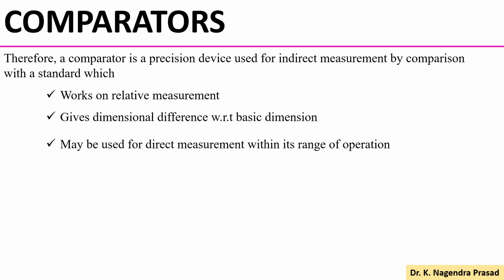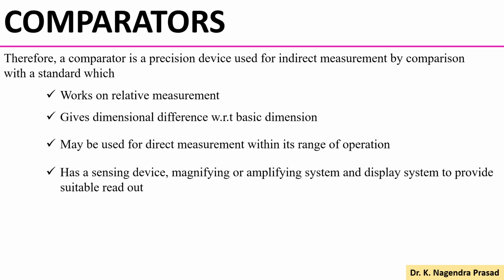And comparators may be used for direct measurement within their range of operation. Moreover, a comparator has a sensing device, magnifying or amplifying system and a display system to provide suitable readout.